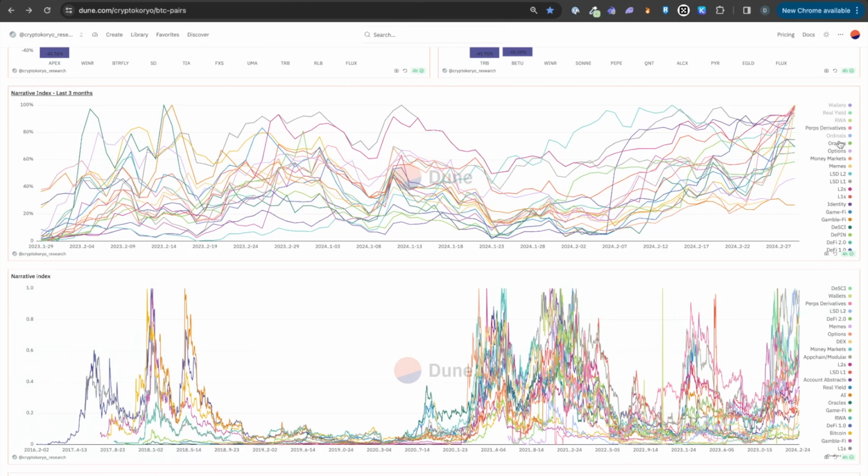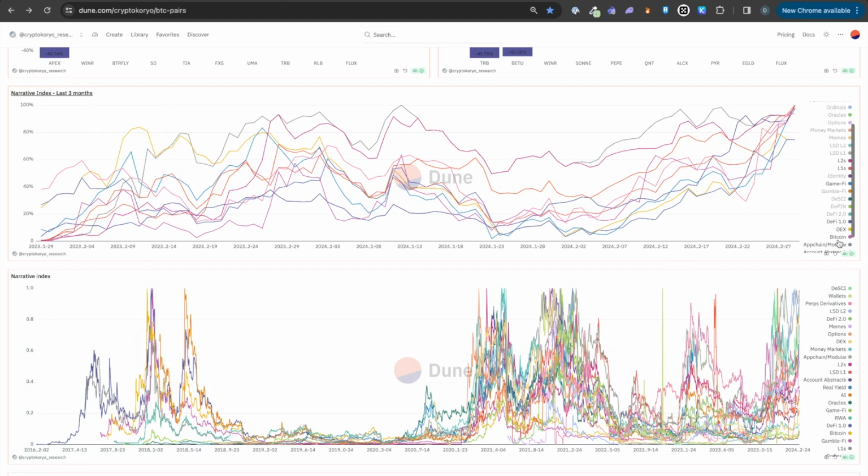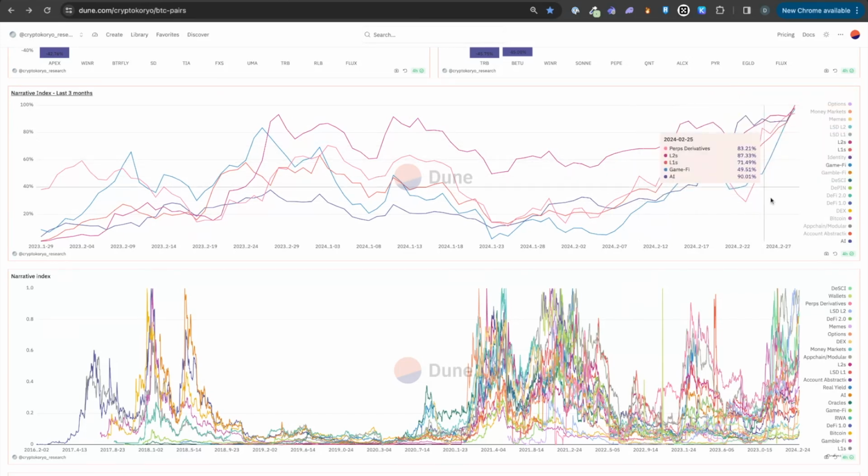For example, if I like L1s or L2s and GameFi, I can select those and see how the performance of these has been compared to each other. You can see that there is a general trend in the market, at least among these narratives.